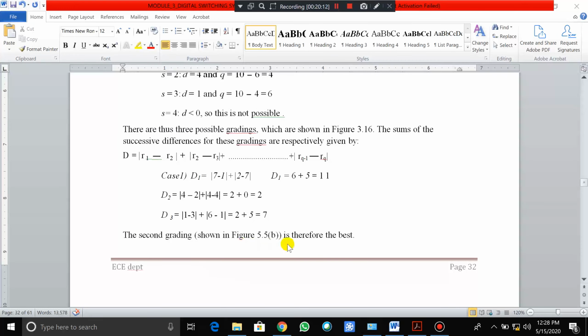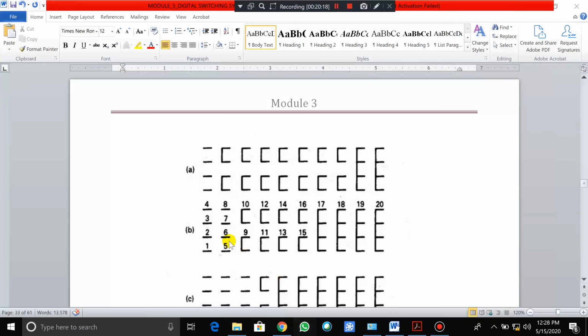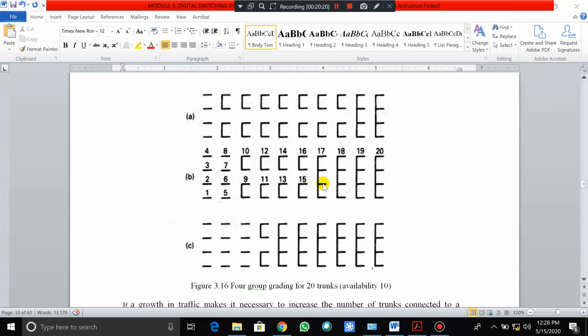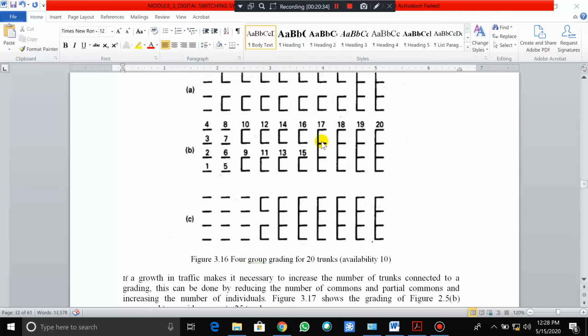The second grading is therefore the best, as represented here. This is the first grading, second grading, and third grading. They are saying the first type of grading is the best type of grading.